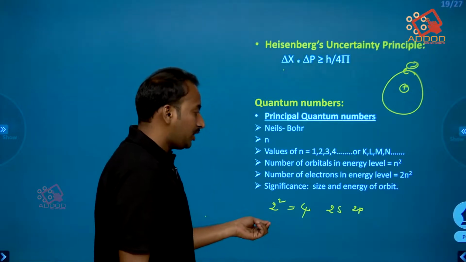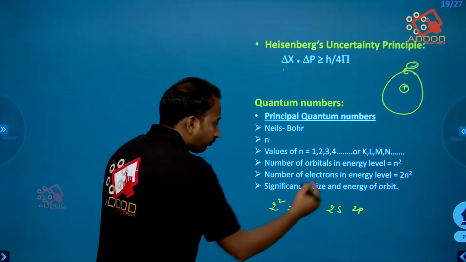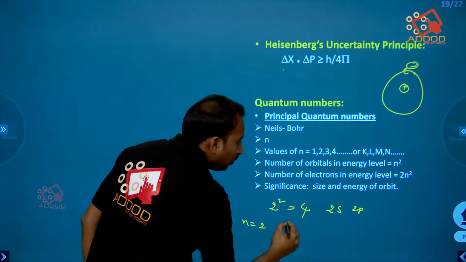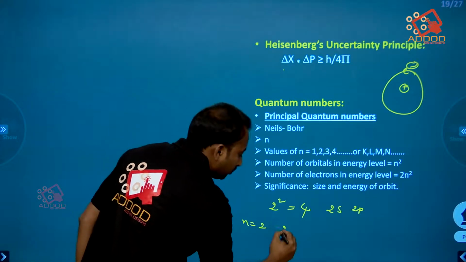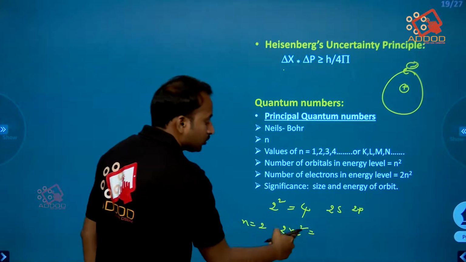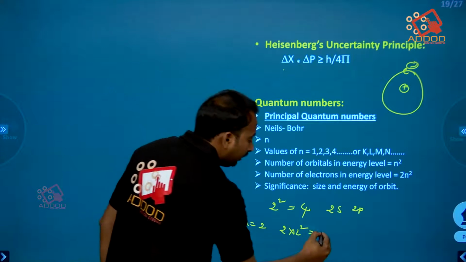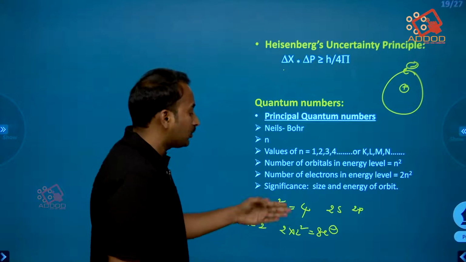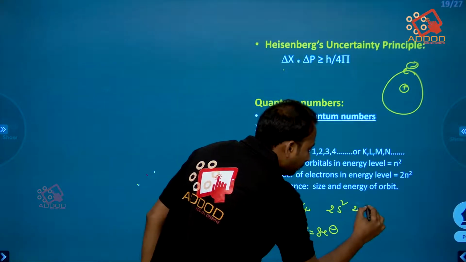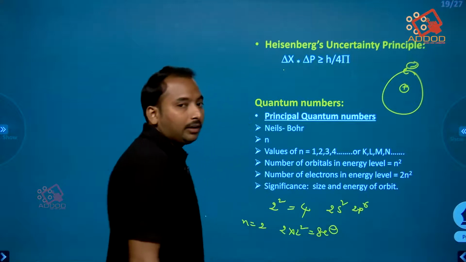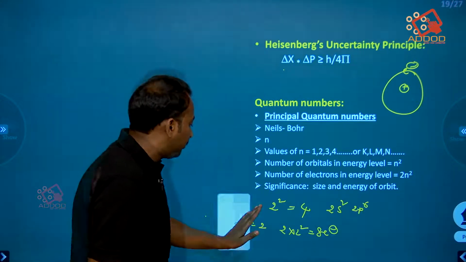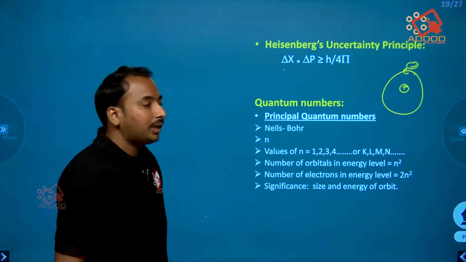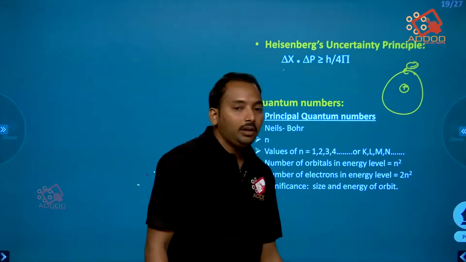Suppose in the second energy shell, how many electrons are present? n is equal to 2, so we substitute the n value in that formula: 2 into 2 square. 2 square means 4, so 2 fours are 8. The second energy shell has 8 electrons: 2s2 2p6, total 8 electrons. And the next, significance means importance. The principal quantum number tells about the size and energy of the orbit.